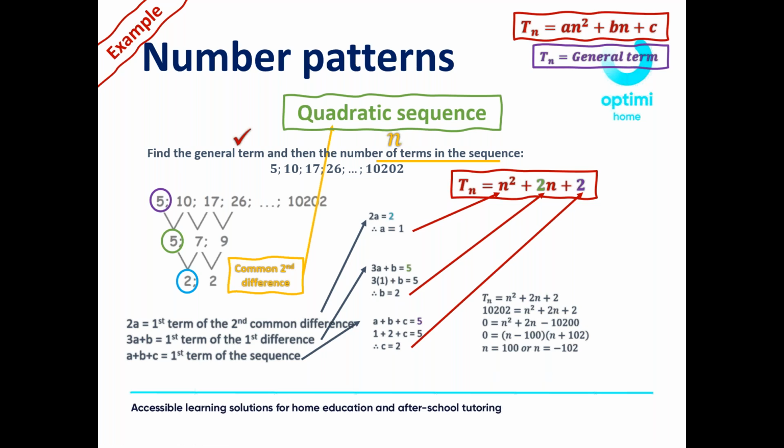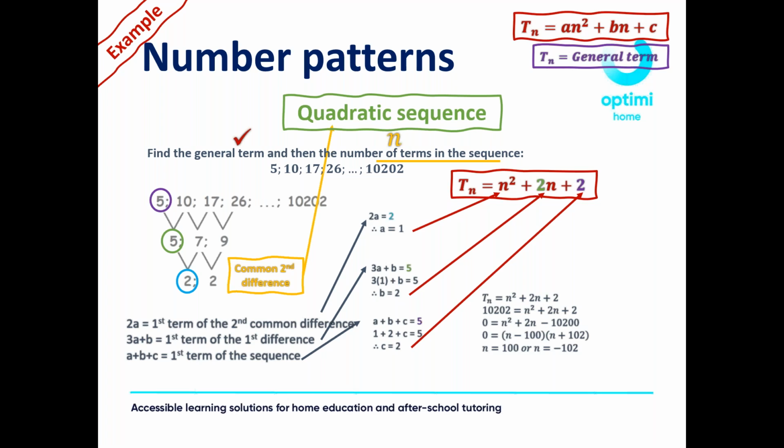Now, which one is applicable here? I can't say there are 100 or maybe 102 terms in this sequence. No, you need to decide about the negative terms. If I tell you, please show me negative 102 terms, how in the world are you going to show me that? You can't have negative terms.